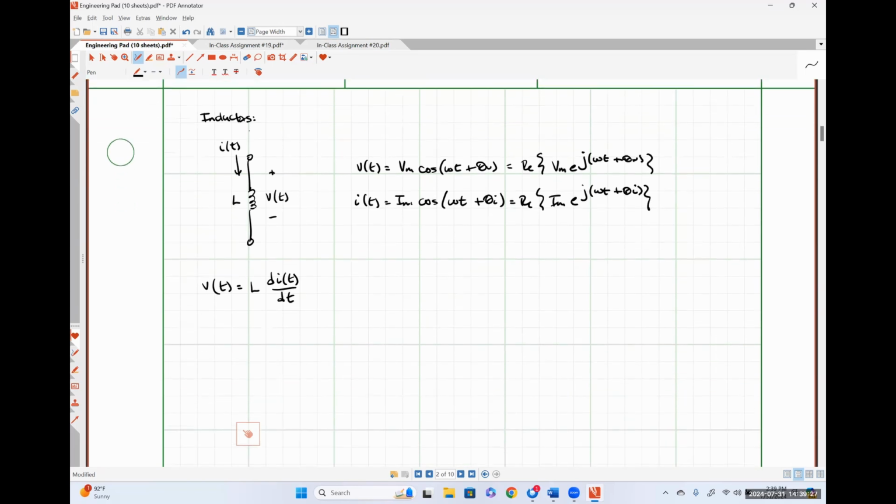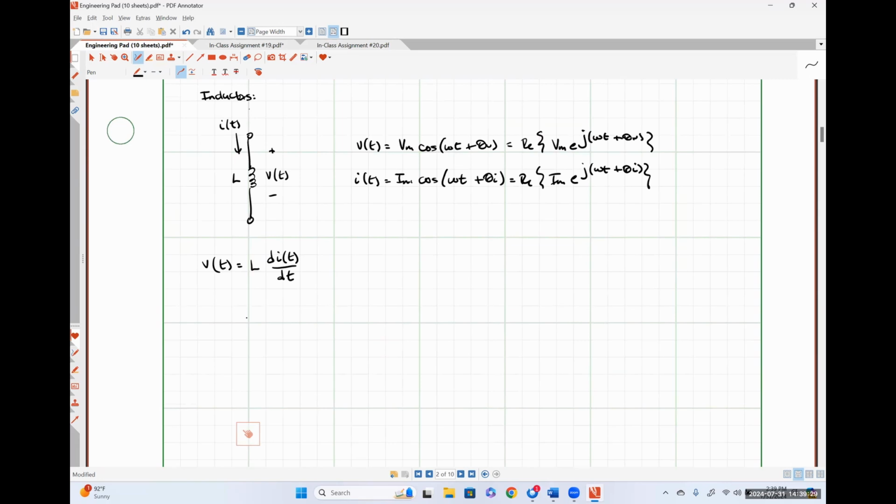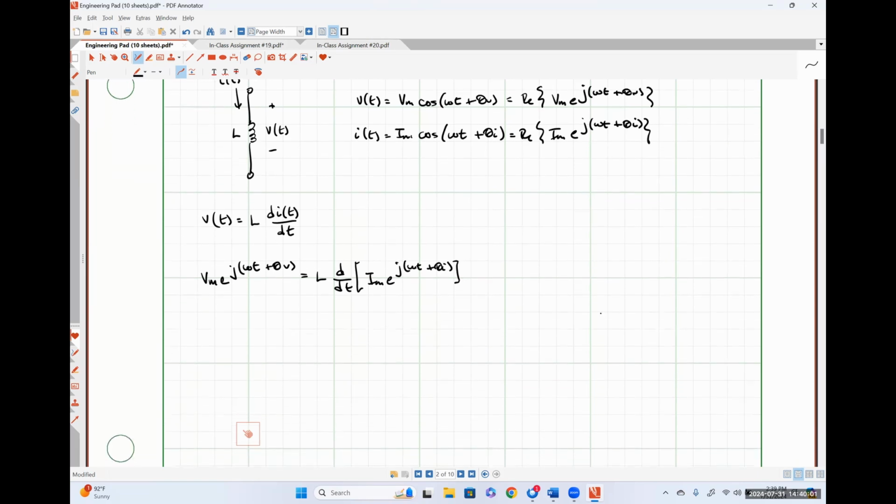And if we substitute in those mixed domain signals, what we're going to have is Vm e to the j(omega t plus theta v) is equal to L times the derivative with respect to time of Im e to the j(omega t plus theta I).